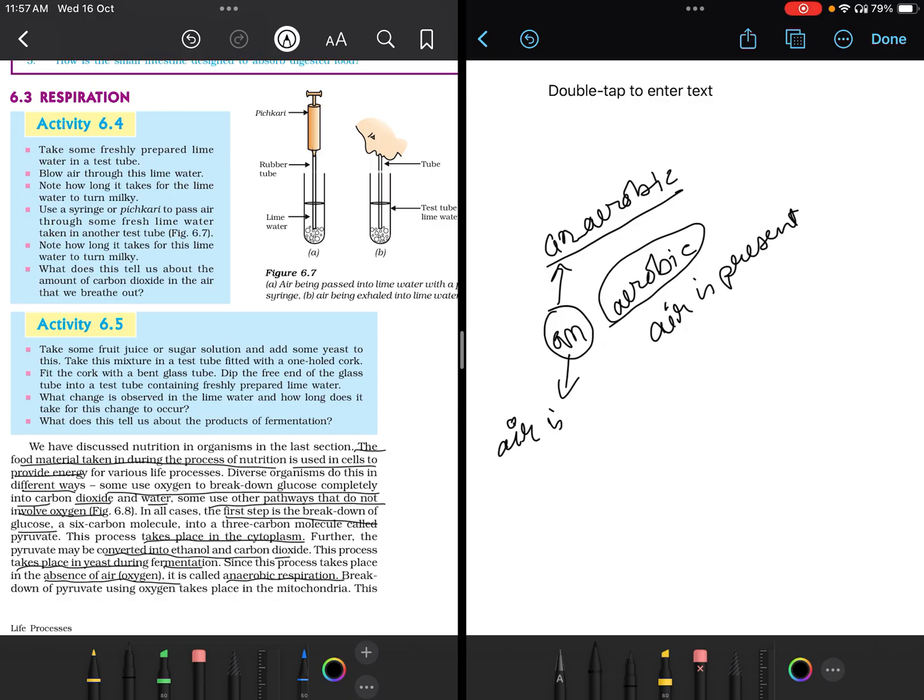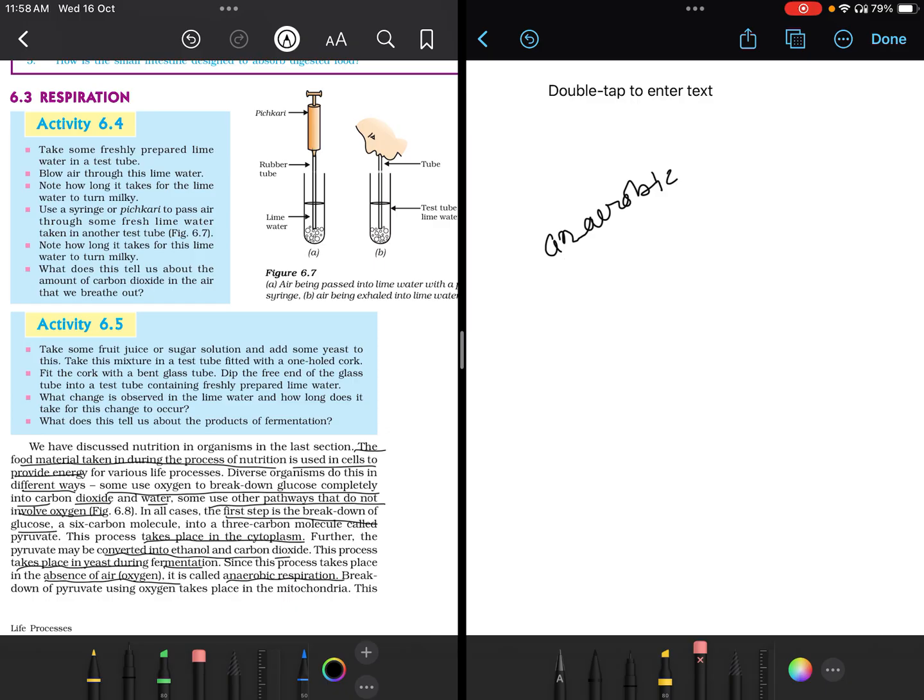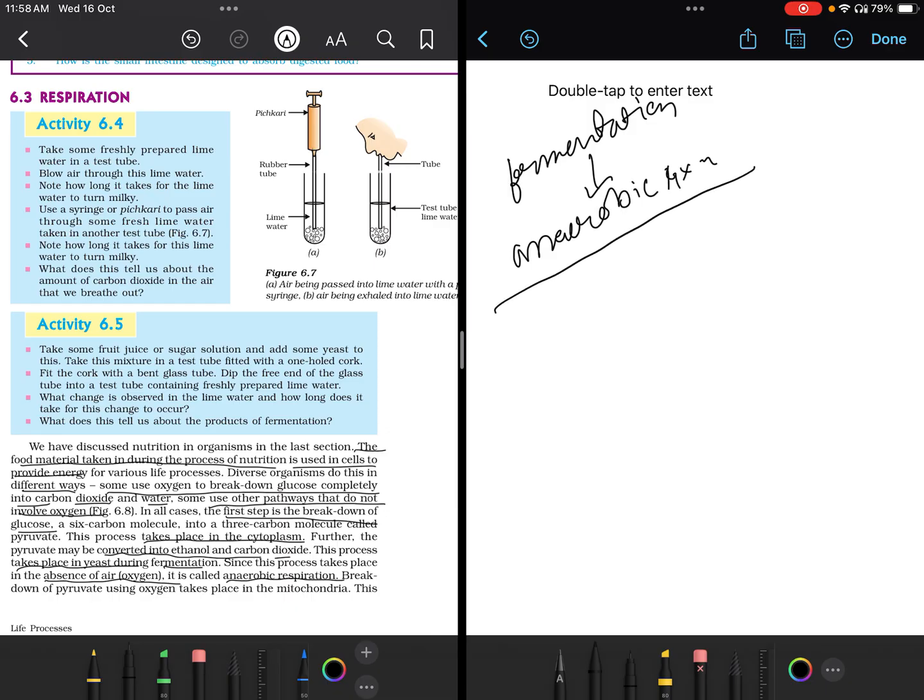So in absence of oxygen and in presence of oxygen, you got this, and I hope the terms are clear. So fermentation is an anaerobic reaction. Got this? I hope it's clear to all.